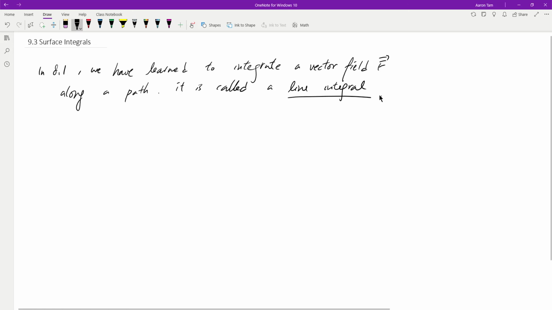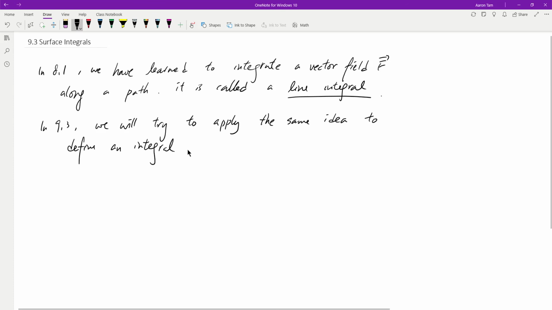So what we're going to try to do now is to apply this concept not along a path, but rather over a surface instead. So in 9.3, we will try to apply the same idea to define an integral of a vector field F over a surface.